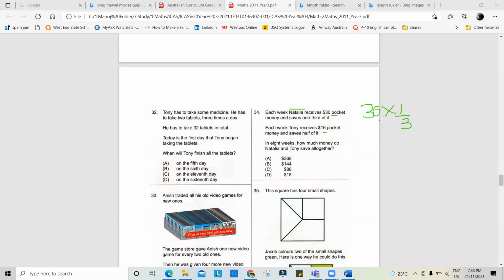Now, how do you multiply? You can divide by 1. It's the same number. We put 1 here. Then nothing will happen. Then you can multiply these two together. 30 multiplied by 1, 30. 1 multiplied by 3, 3. 30 divided by 3 equals 10. That is her savings, right? For Natalia.